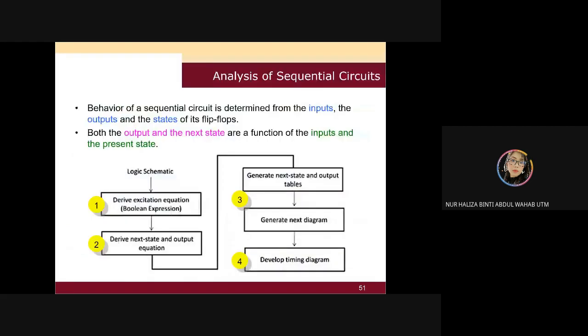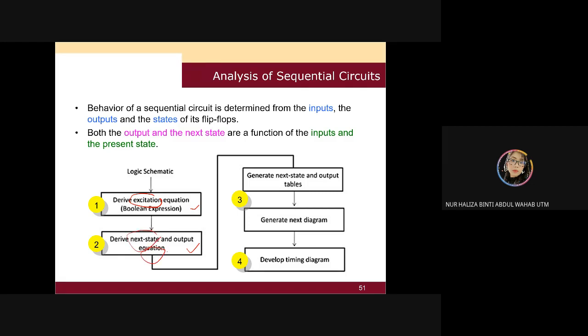Step 1, you need to come up with your excitation equation following the schematic diagram you're given. Next is your derivation for the next state equation.